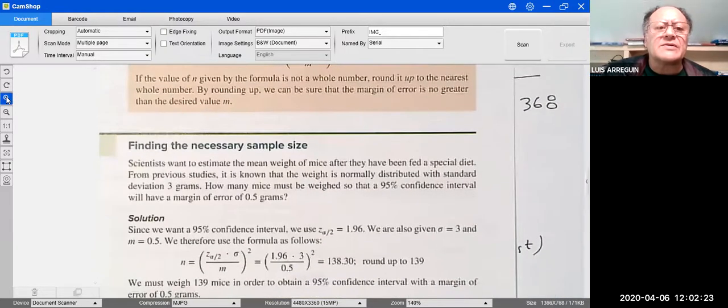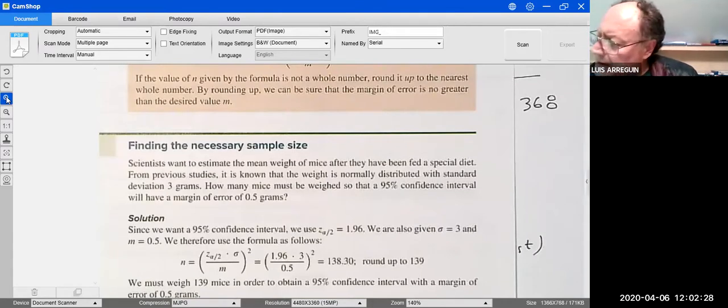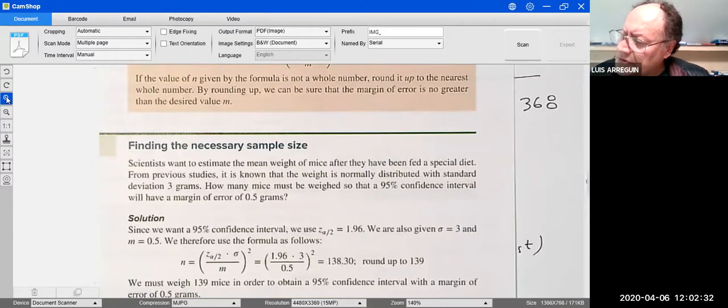So scientists want to estimate the mean weight of mice after they have been fed a special diet. From previous studies, it is known that the weight is normally distributed with standard deviation 3 grams. So how many mice must be weighed so that a 95% confidence interval will have a margin of error of 0.5 grams?